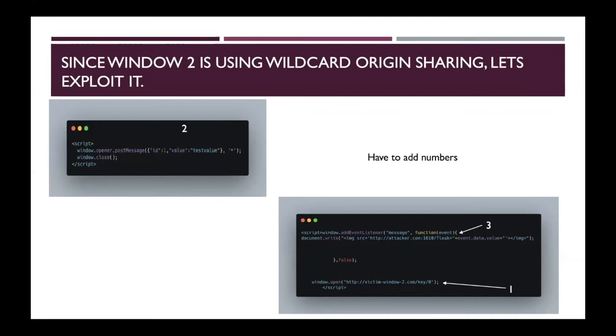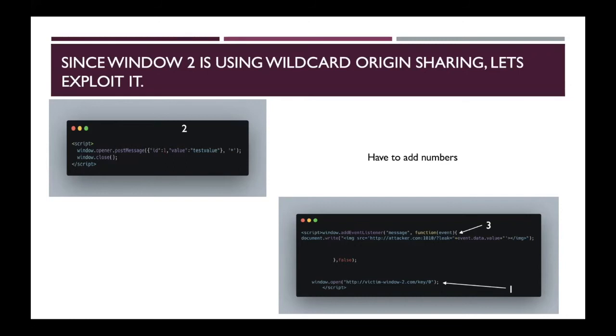Now in that particular page, it is loading number two, the postMessage function, which is window.opener.2. Since it is sharing the value with the wildcard origin, or you can say with everyone, the attacker has defined the event listener in his crafted page, which is continuously listening to everything that is getting shared by the postMessage function.